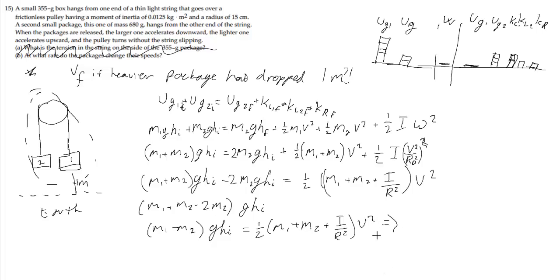Simplifying this, or solving for v squared here, we've got 2 m1 minus m2 g h initial over m1 plus m2 plus I over r squared. And then v would be the square root of this lovely mess we've got here.